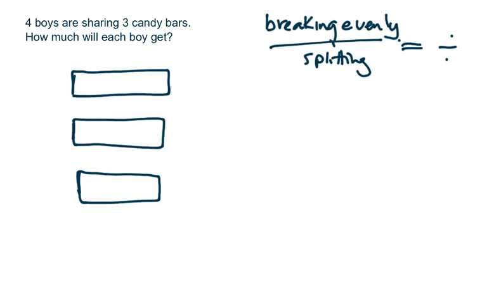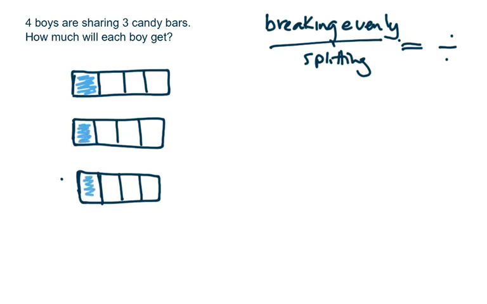And what we end up with is 3 candy bars, 1, 2, 3, and we're splitting them between 4 boys. So you can imagine me breaking that individual candy bar up into 4 pieces. So out of that first bar, one boy would get 1 piece. Out of that second bar, he'd get 1 piece.